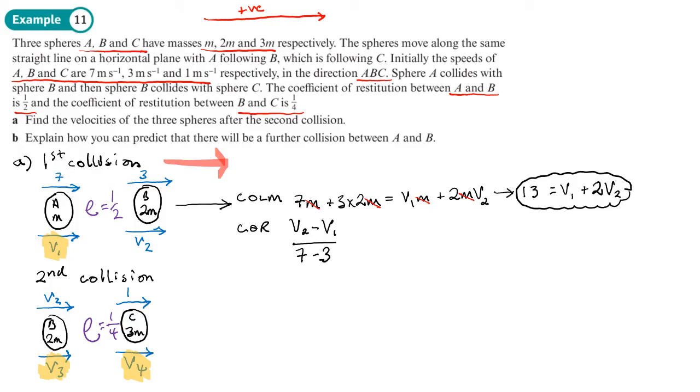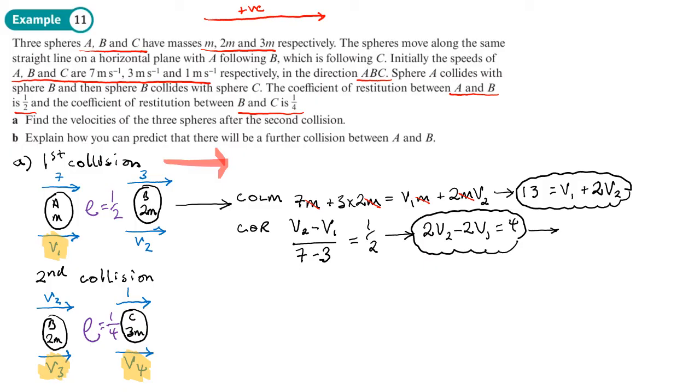And that equals a half. So if I cross multiply, that gives me 2v2 minus 2v1 equals 4. So there's my second equation. I can solve these simultaneously quite easily.